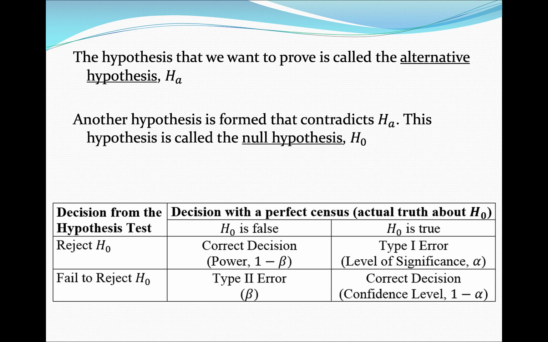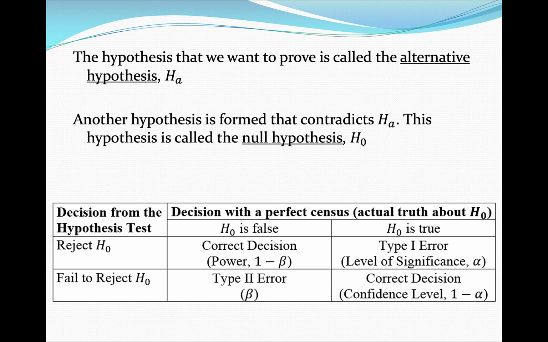The second outcome is fail to reject H naught. If you fail to reject H naught, that means you did not get enough information from your sample to be able to reject it. Do notice you never say accept H naught. You can never prove the null hypothesis because of the way these are set up mathematically. I've already said that the null hypothesis includes equality, and that's what we're going to assume.